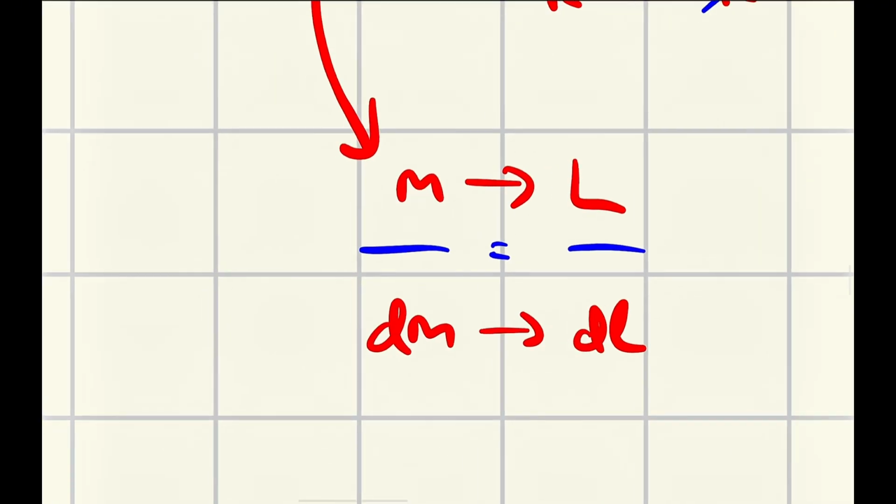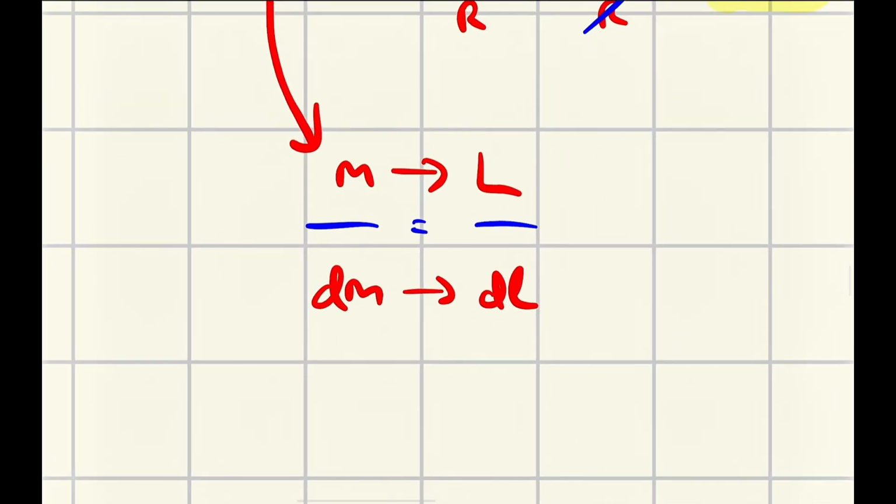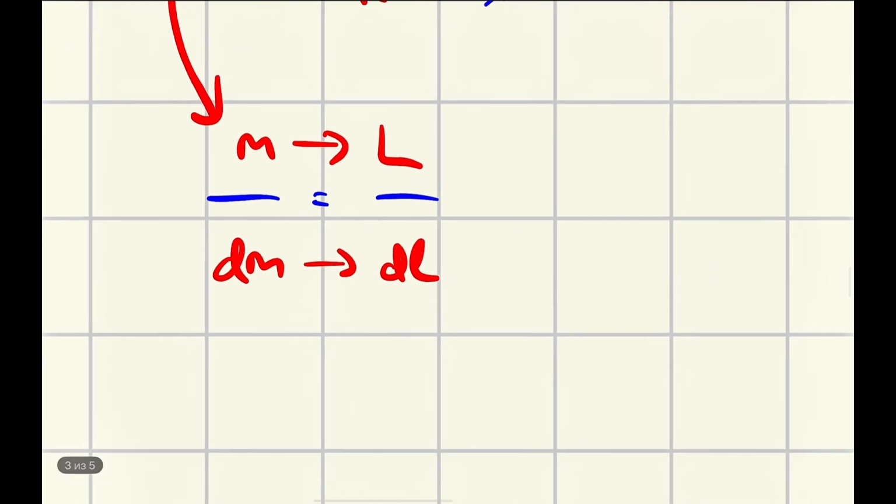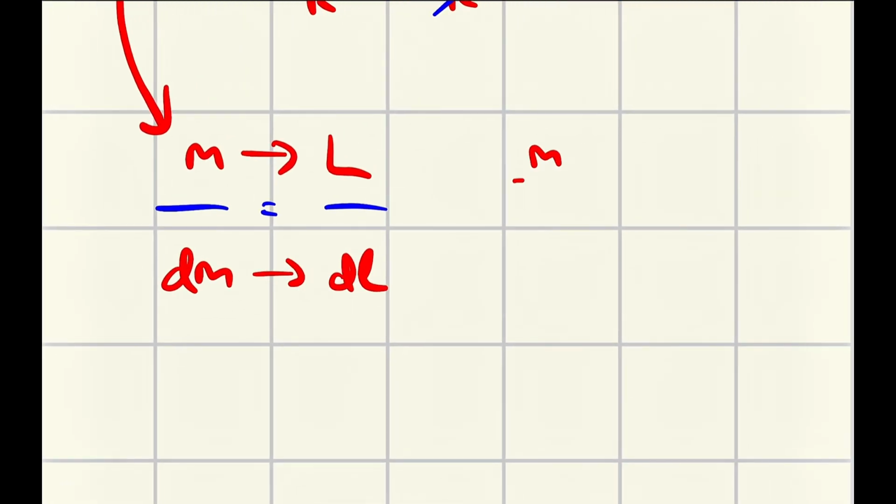Because the relation between the mass and the small mass would be the same as the relation between the entire length and the small length, right? So we can do this, which would become m divided by dm equals L divided by dl.